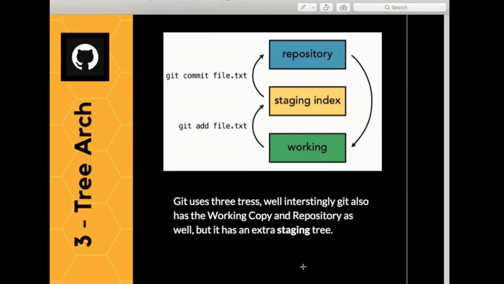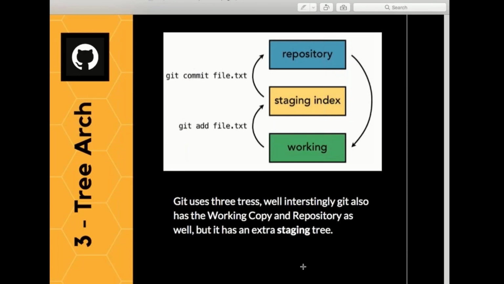Now let's talk about the three tree architecture. This is a distributed version control system. Till now we were talking about the centralized one, which came earlier than the distributed one. Now we are going to the distributed one, and that is the reason why we use it: it has three trees. Here you see you have the working copy and the repository, but you also have something called the staging index.